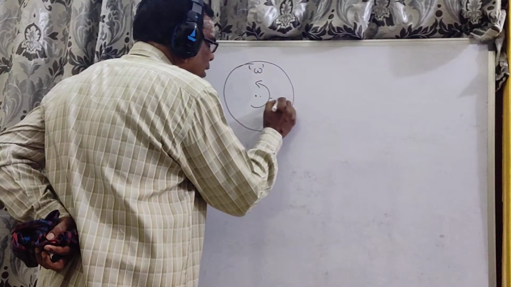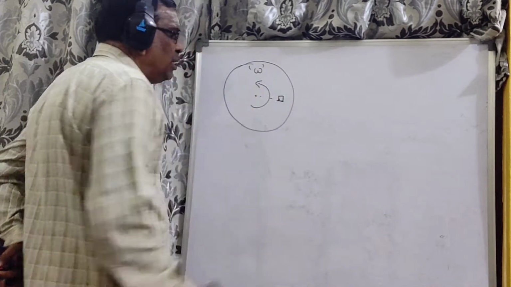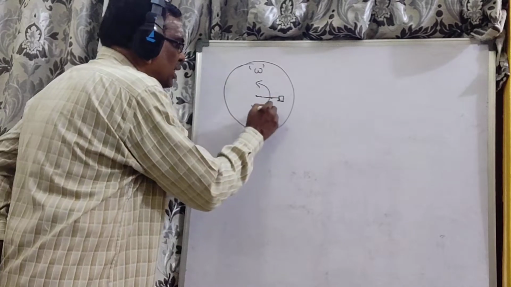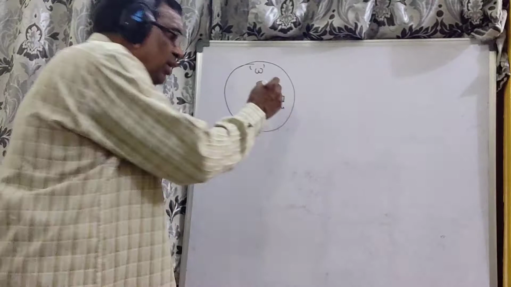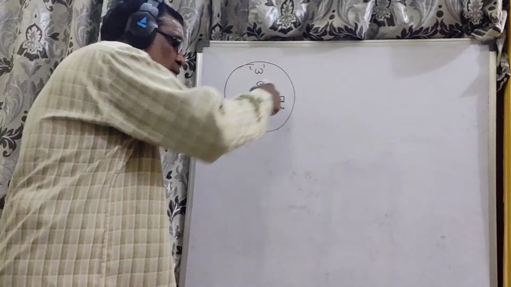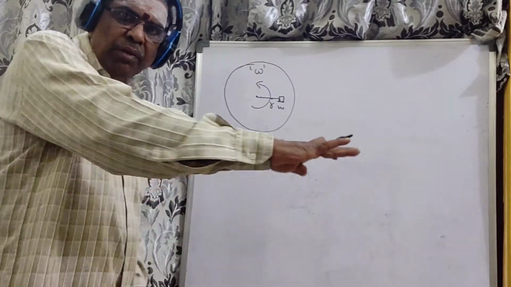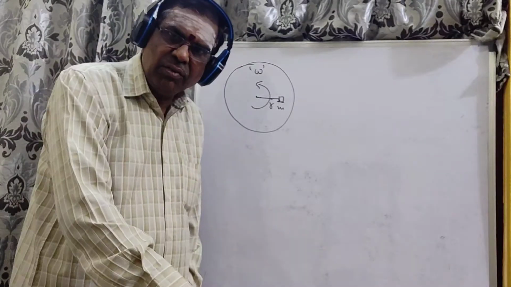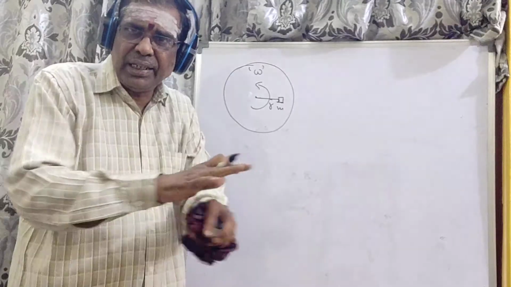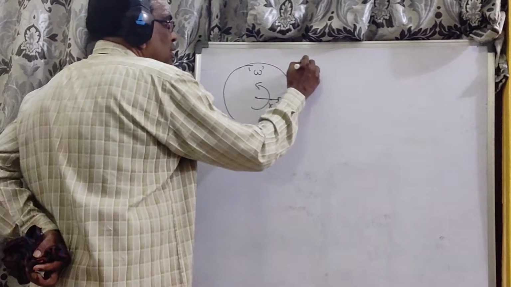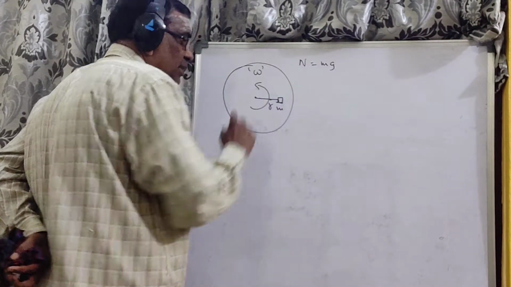At a distance r, I place a body of mass m. N will act upwards and mg downwards, because this is the body. So N is equal to mg, there is no issue here.